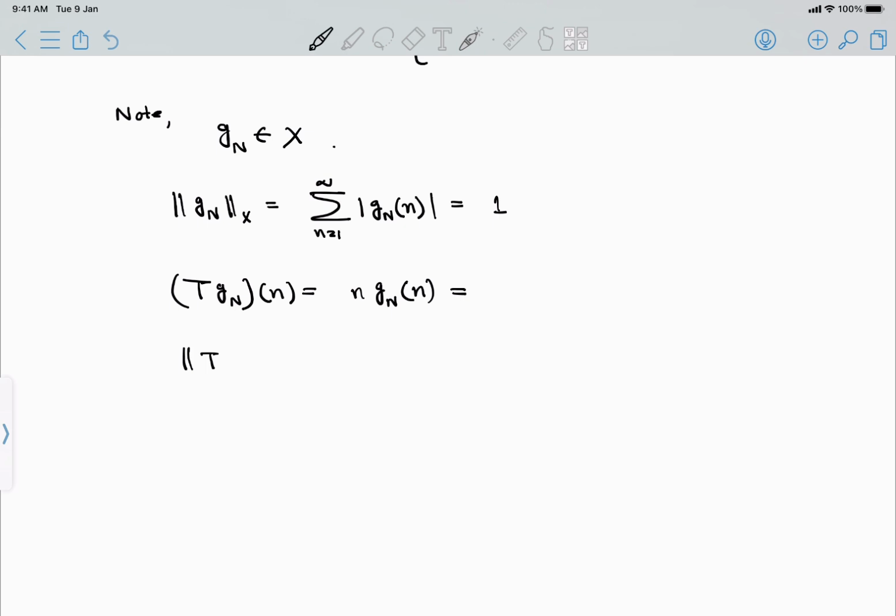So the L1 norm of T gN: only at the point N is it nonzero, and otherwise it's 0.